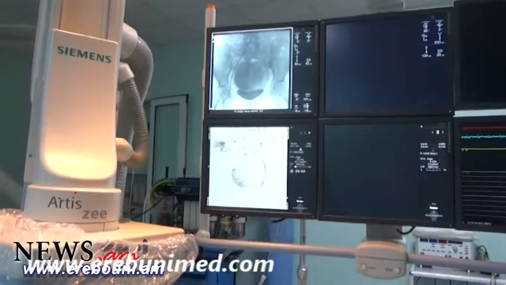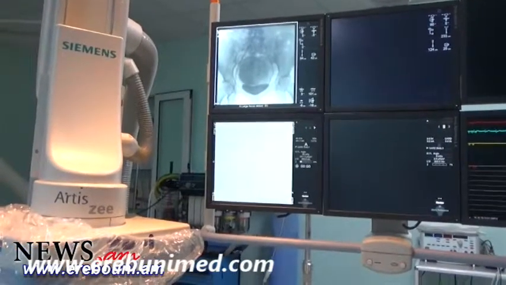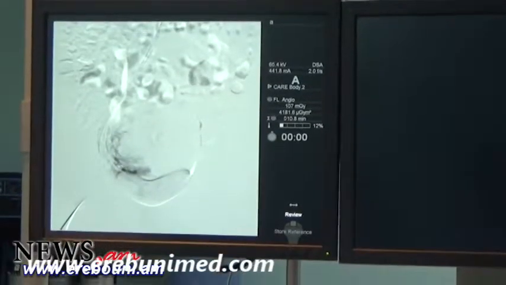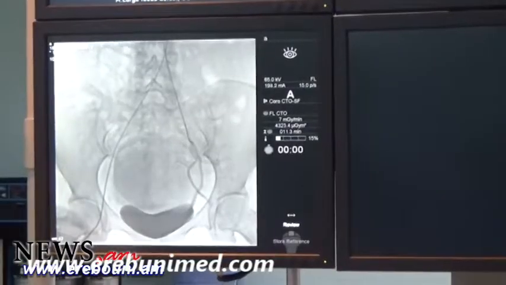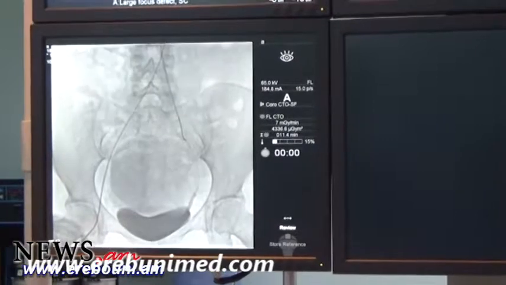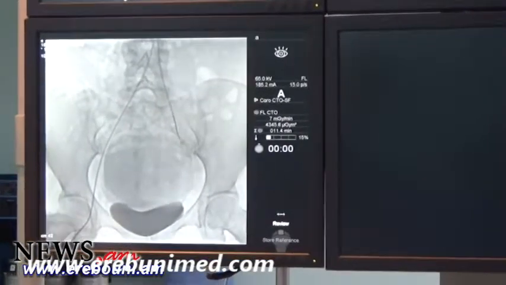Here is a cervical node which has disappeared. With the help of angiography, we can clearly see part of the nodes. In the last image, there is already no expressed node that was seen in the first image.